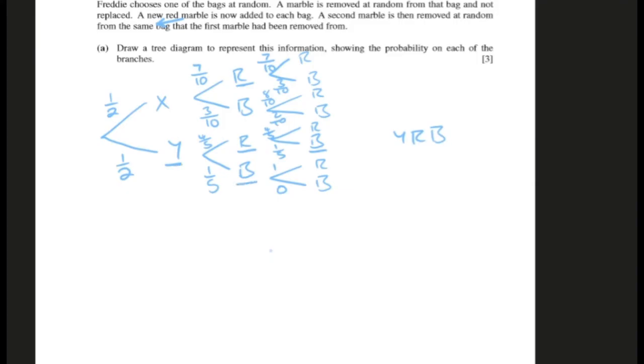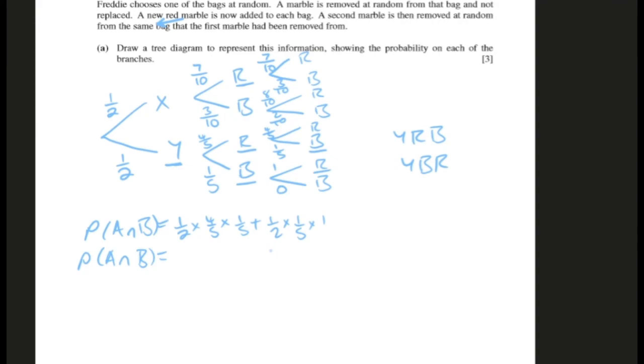So A intersection B is equal to YRB, which is half times 4 over 5 times 1 over 5, plus half times 1 over 5 times 1. Punch that into your calculator and you get 9 over 50 or 0.18.